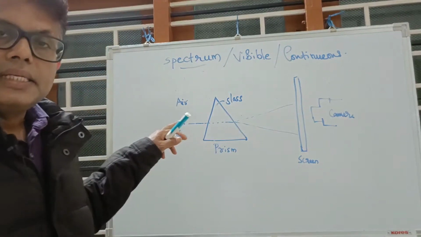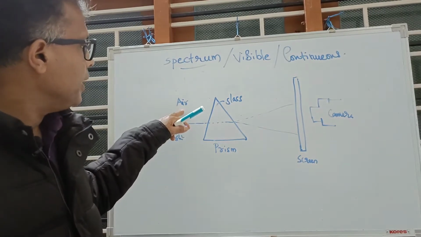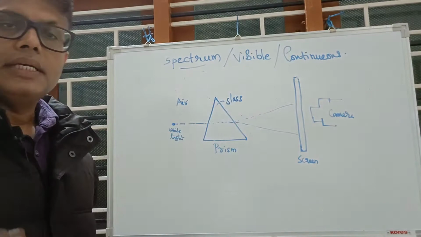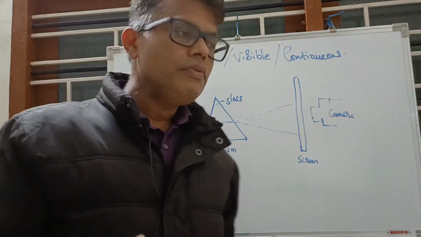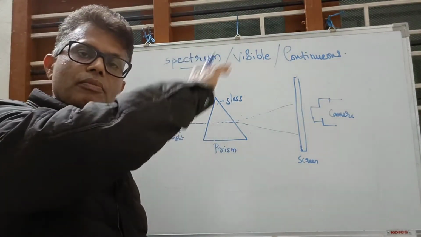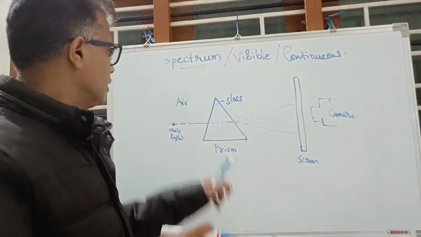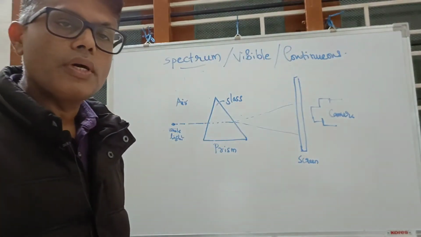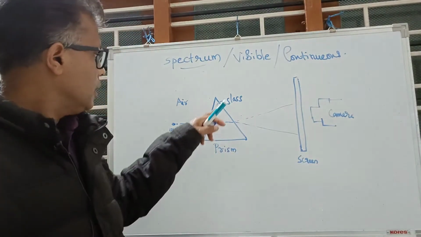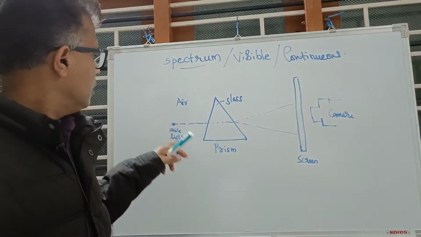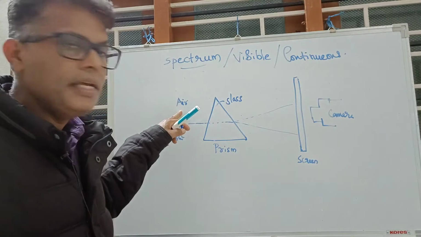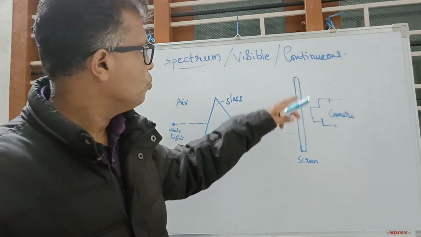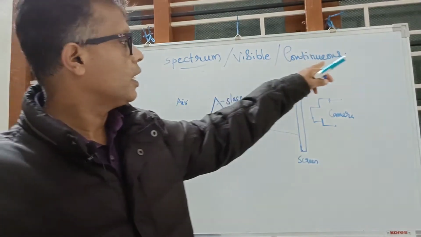If white light passes from one medium to another medium, it can be glass, it can be water, you can see this spectrum. If white light passes from one medium to another, it will separate into a spectrum. It is called a continuous spectrum.